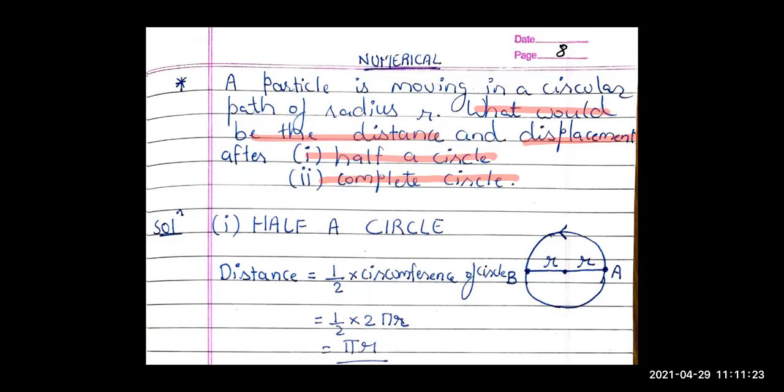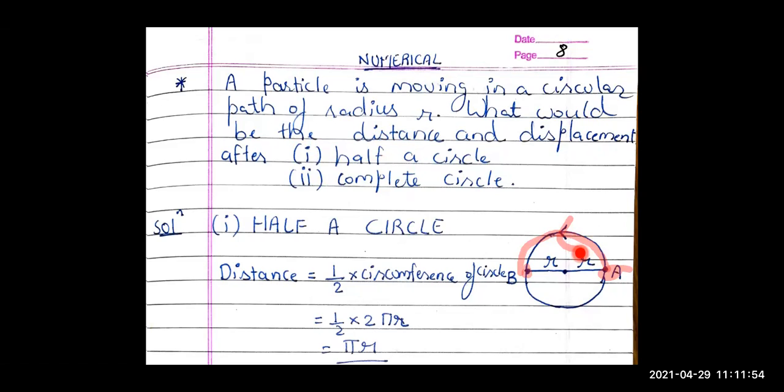So let's start with the first one, that is when the particle has covered the half circle. Half circle means if the particle has started from point A, at point B, half circle will be done, beta, right? So from A to B, half circle. Now let's find the distance. So what is the path, beta? The path is the circle, but half circle. If it were the full circle, it would be the circumference of the circle, that is 2 pi r.